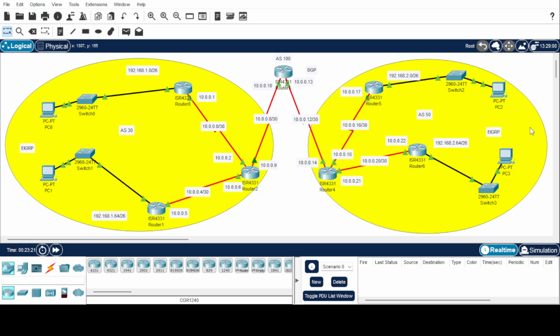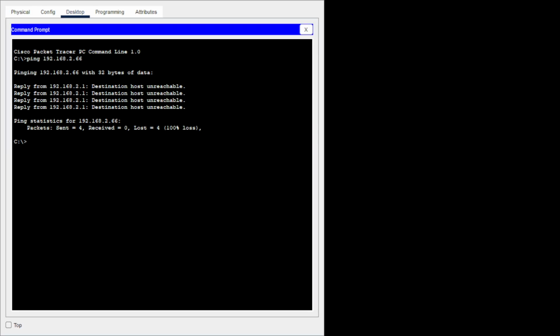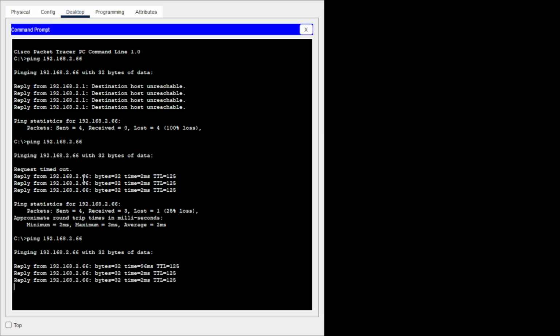Go to PC2 and ping PC3, IP address 192.168.2.66. Before it was destination host unreachable, now it's pinging. That means our internal routing for both network domains is finished.